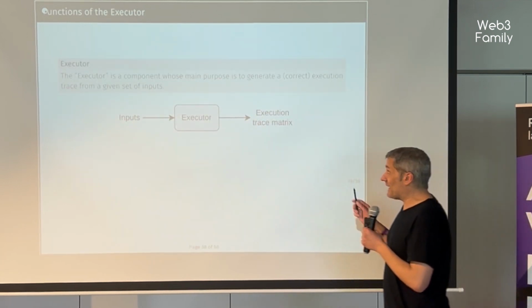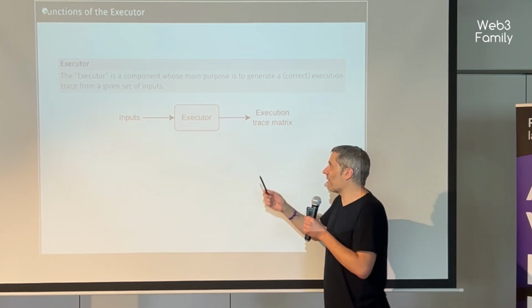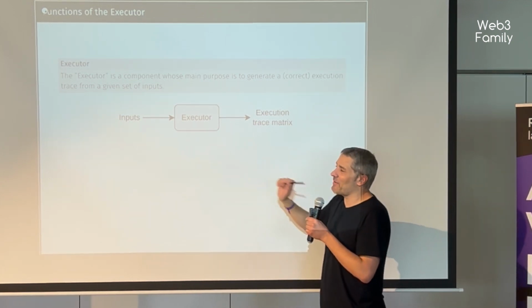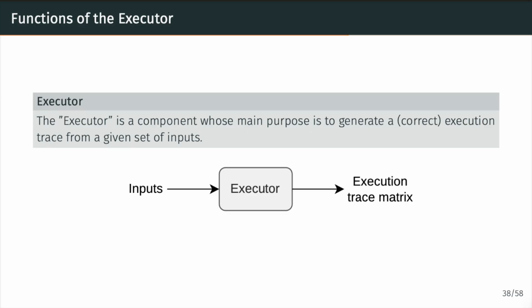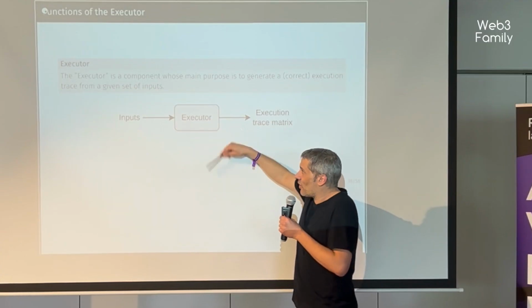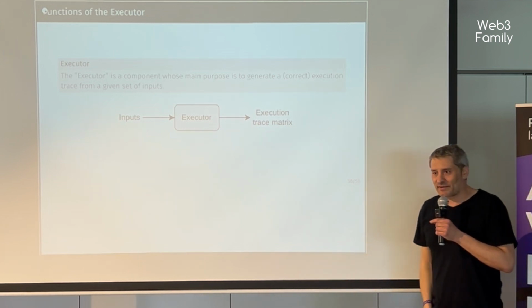So in our architecture, the component that creates the execution matrix is what we call the executor. The executor takes some inputs, it has some rules, and then produces an execution trace matrix.